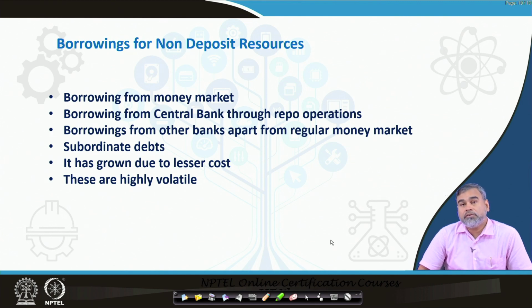But another thing is that the borrowings in the balance sheet are highly volatile, because borrowings depend upon market conditions. So, there may be high volatility in the borrowings that commercial banks make. These are the different characteristics of borrowings, which are one of the major liability items in the balance sheet.